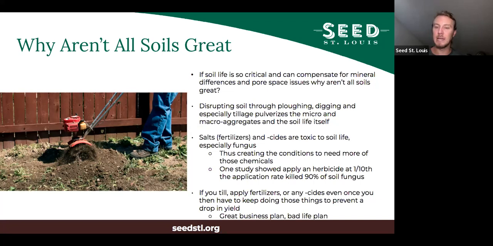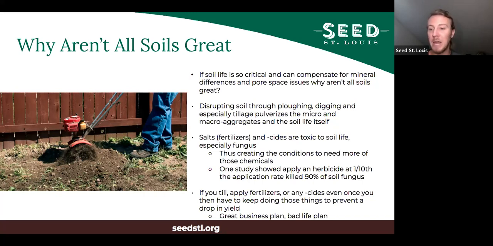And so when you do things like till or plow or add fertilizer, you are creating the conditions to need more of those. So if you're like, oh, my soil's doing fine, but I'll add some fertilizer so I get a higher yield, that fertilizer kills the microorganisms that were turning the mineral component of your soil into nutrients. Then next year you have to add more fertilizer to get the same yield.